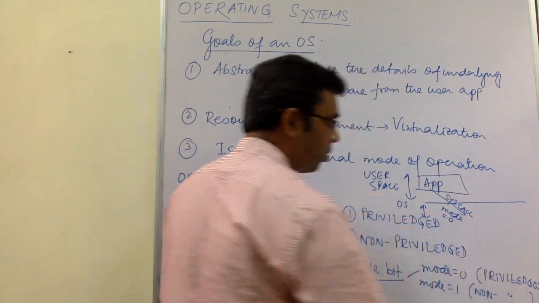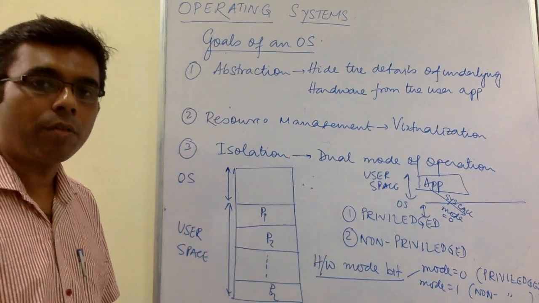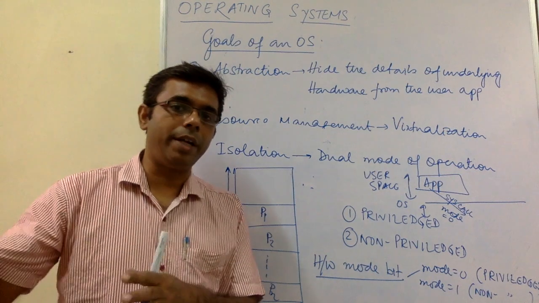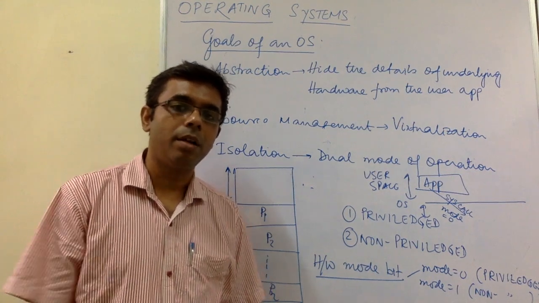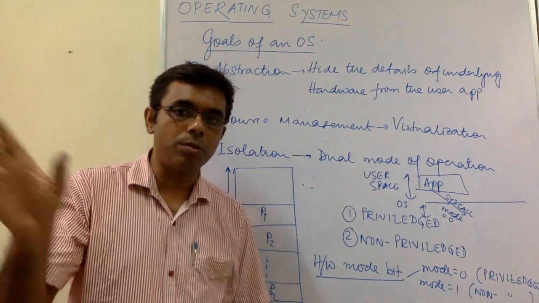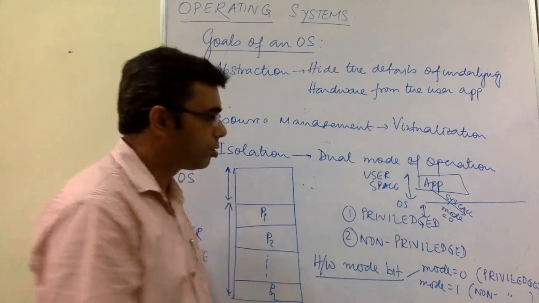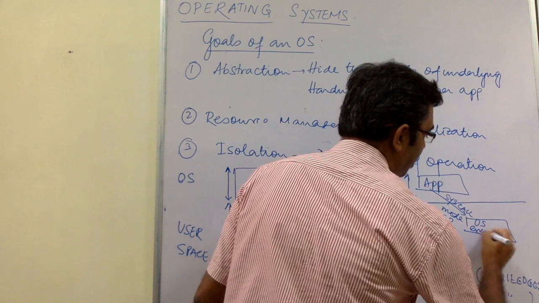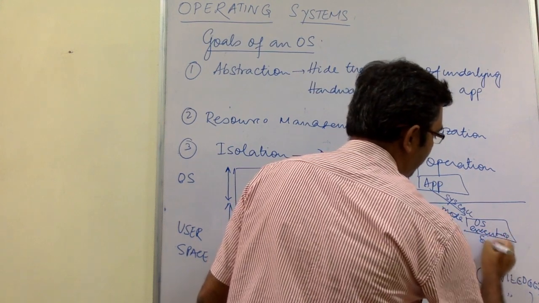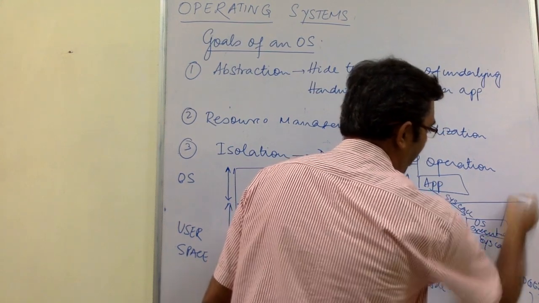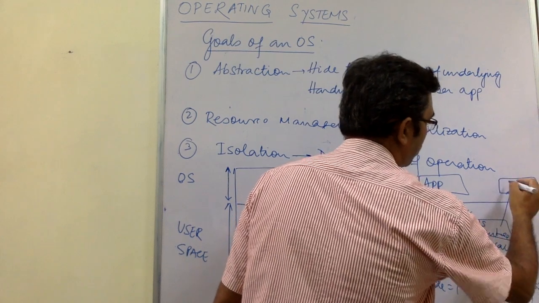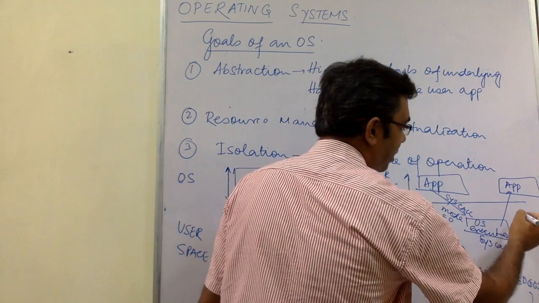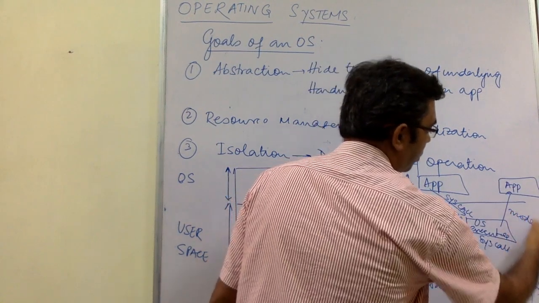The OS now looks at that particular request, which is the system call. It looks up the table which it has maintained, finds the code that it needs to execute, and executes the code. So here you have the OS, it executes the syscall and returns back to the app. When it does that, the mode switches back.